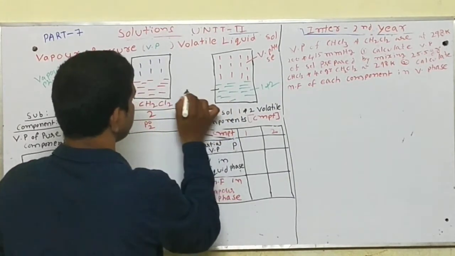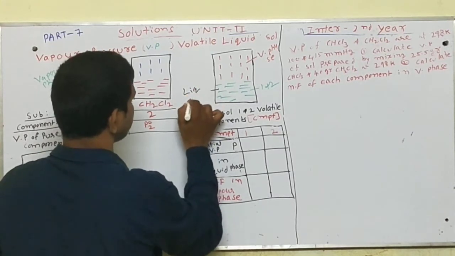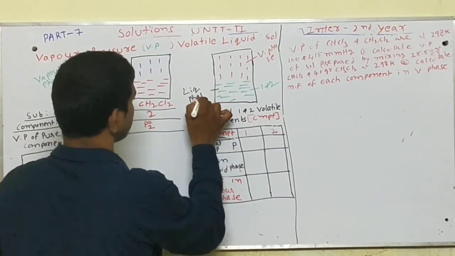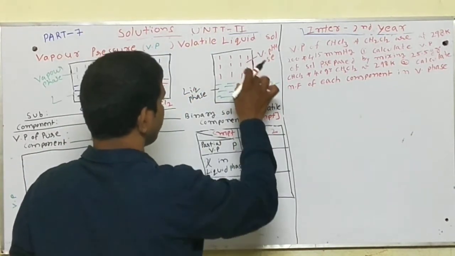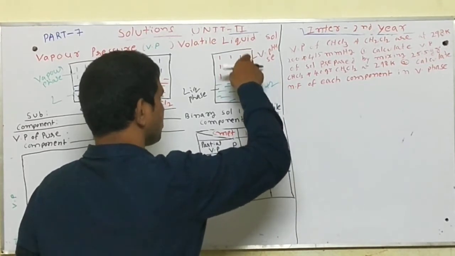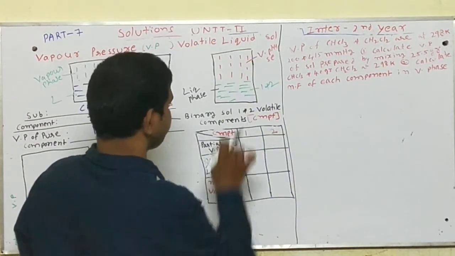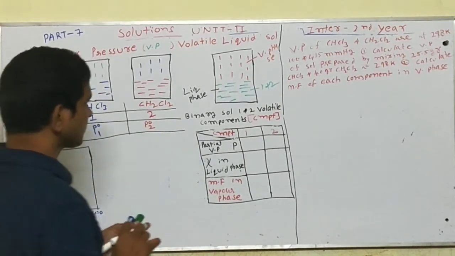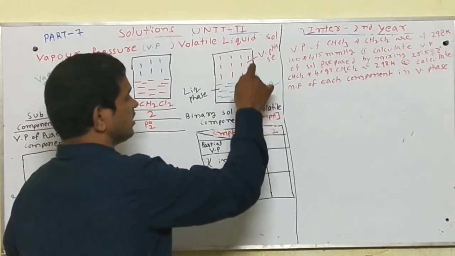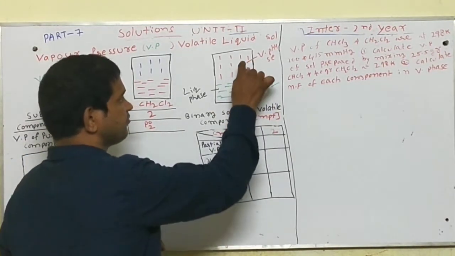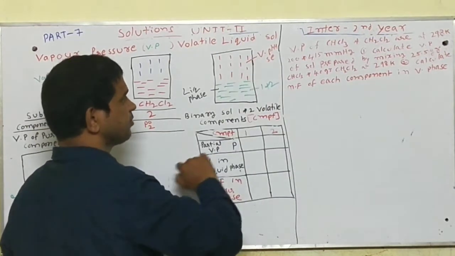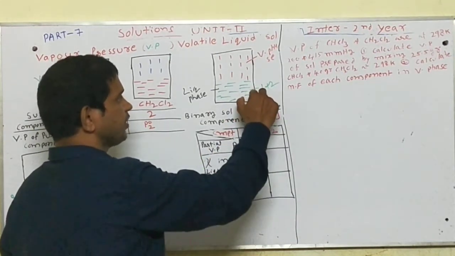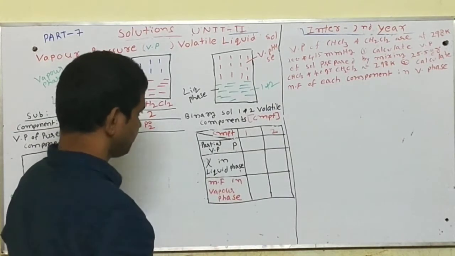This is liquid phase, and these vapors exert some pressure on the liquid, and in this vapor two components are present, that is component 1 and component 2.